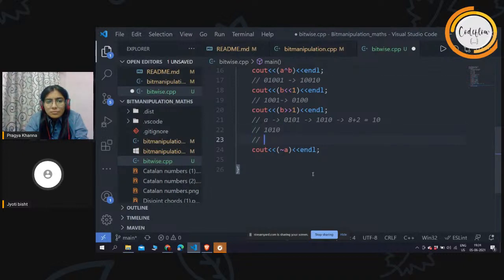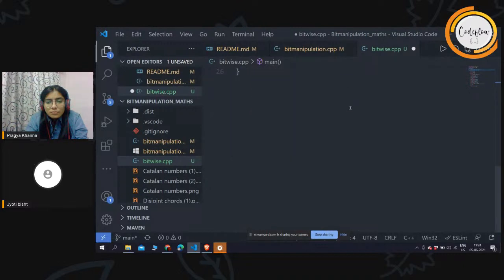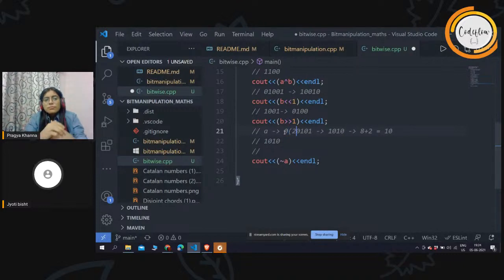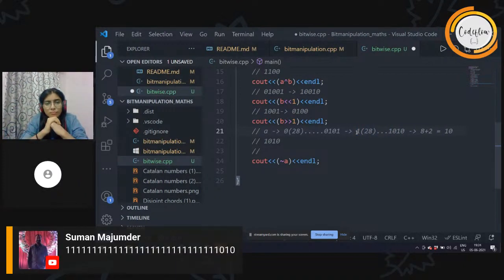For example, as I told you, it's 32 bits, I won't write all the 32 bits. I'll just use dot dot. So just let me tell you, if A is represented like this, it will have 28 zeros in front of it, right? Now, when I reversed the bits, all of those 28 zeros would become ones, right? Make sense?